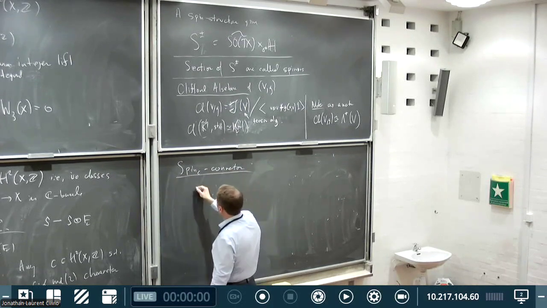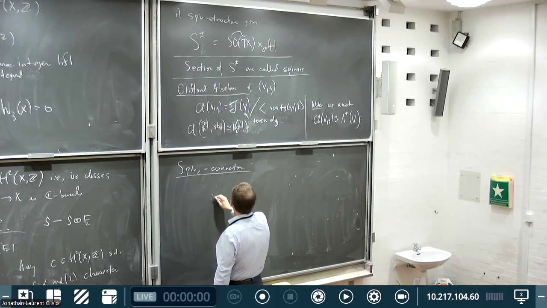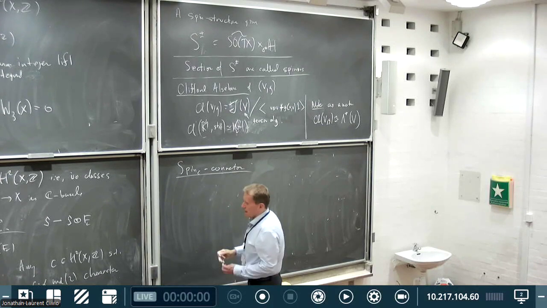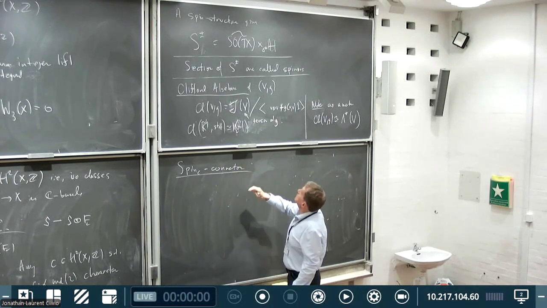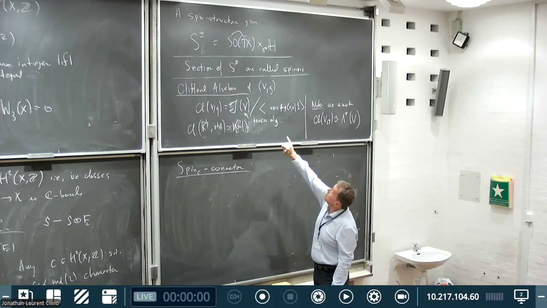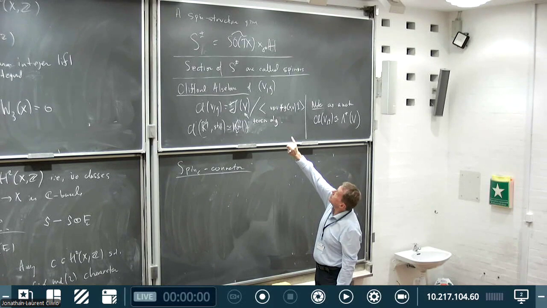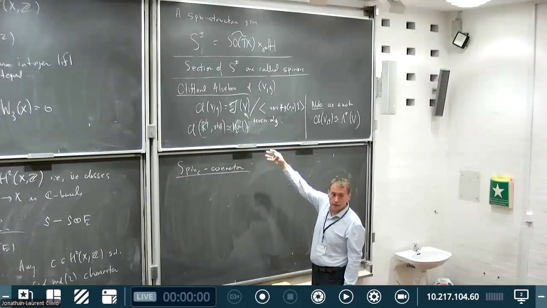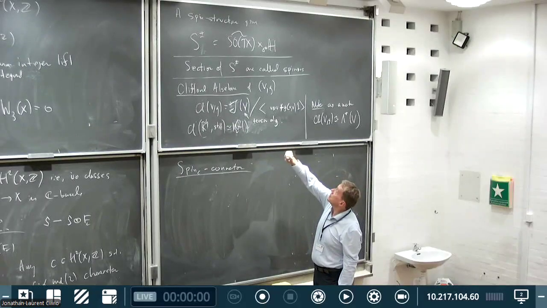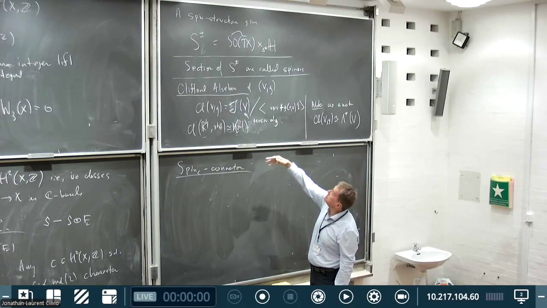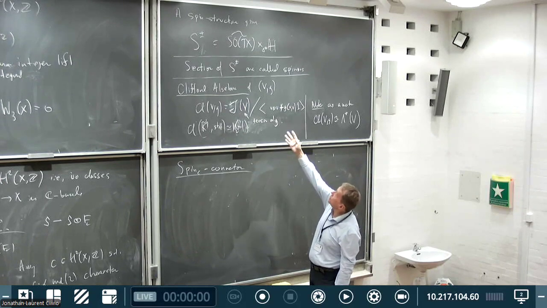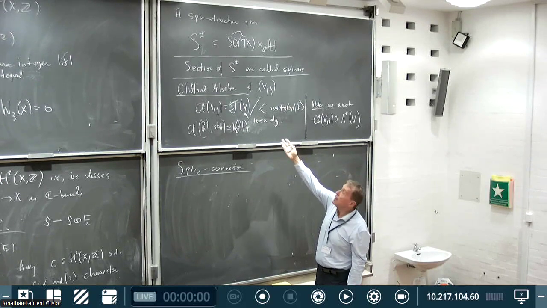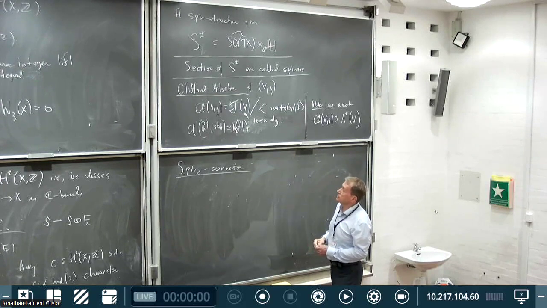So I have these spin bundles, S plus and S minus, and in the spin case, if I have a Riemannian manifold, then the tangent bundle or cotangent bundle have a canonical connection, the Levi-Civita connection. Because this is a double cover, the Levi-Civita connection induces also a connection in the double cover. And so it induces a connection on the spin bundles.